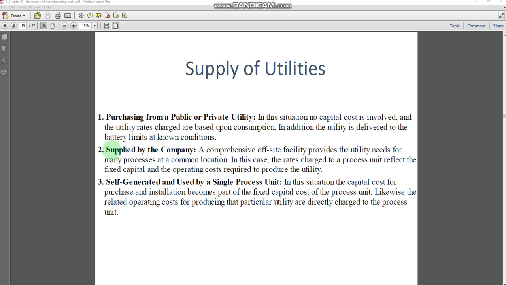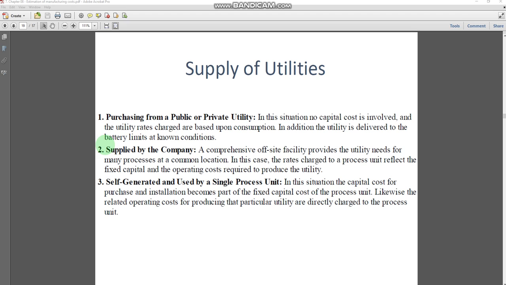Okay, then the second way, it is supplied by the company. A comprehensive off-site facility provides the utility needs for many processes at a common location. In this case, the rates charged to a process unit reflect the fixed capital and the operating cost required to produce the utility. Okay, so there could be a way in which a company is placed in the off-site facility of the plant.